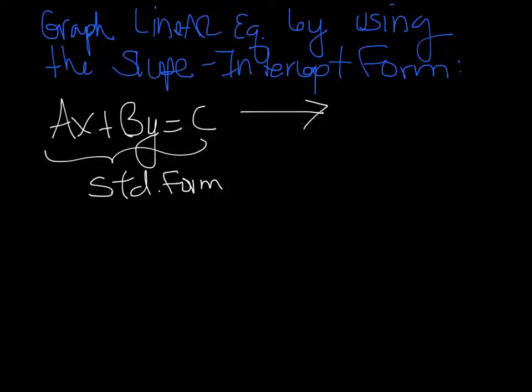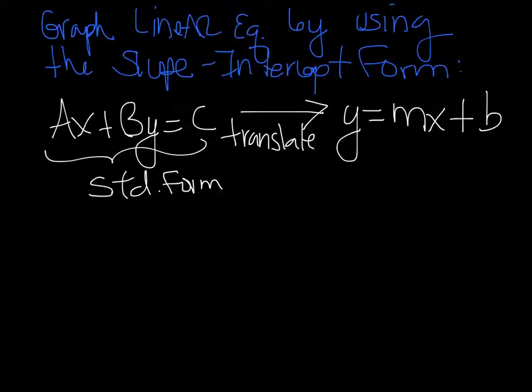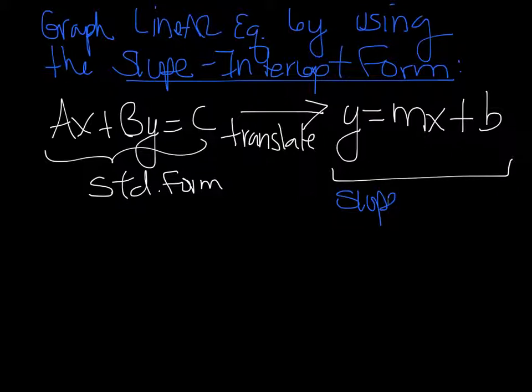Well, we can translate this equation to look like this, as follows: y equals mx plus b. Okay, this is called the slope intercept form, right? It's not the standard form, it's the slope intercept form.